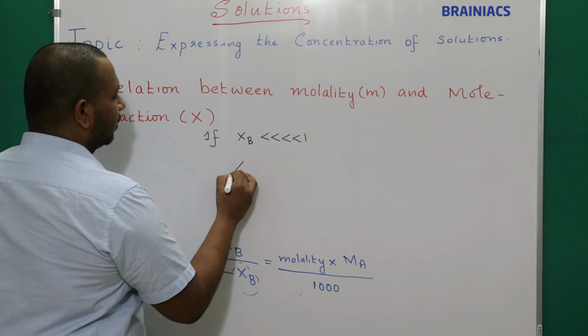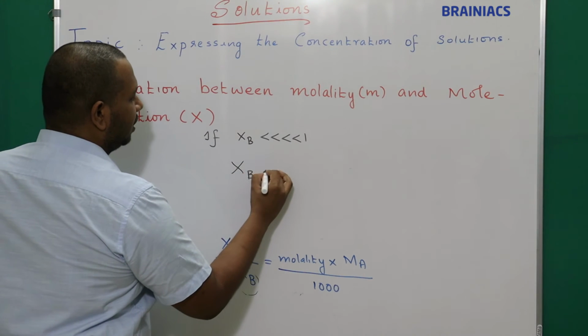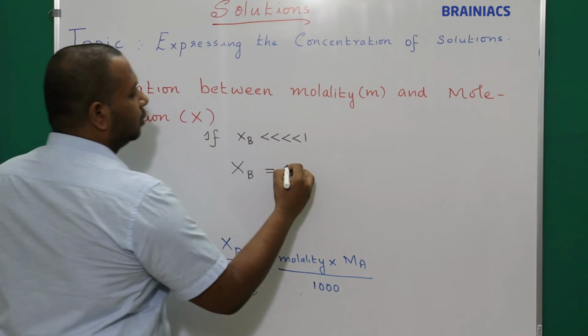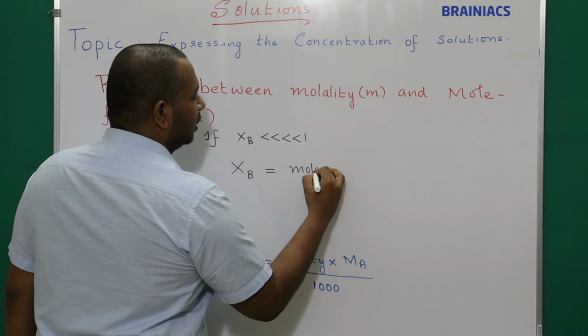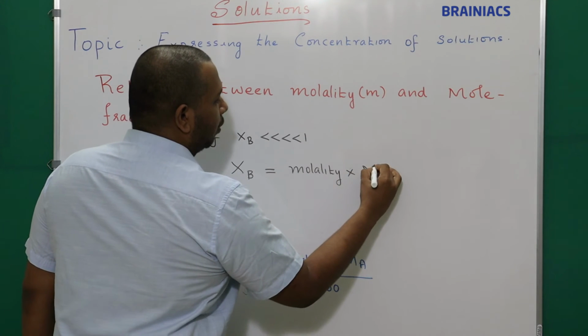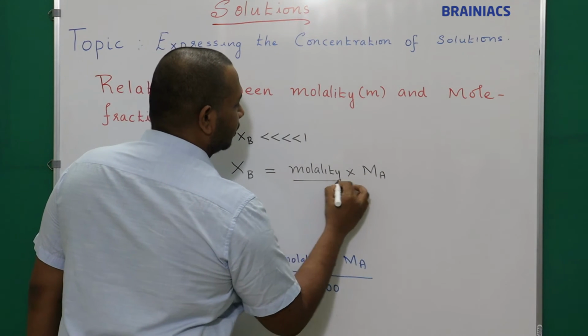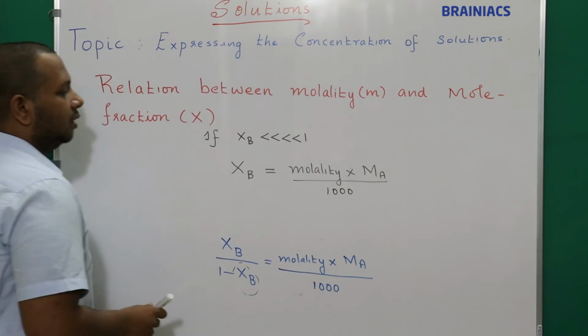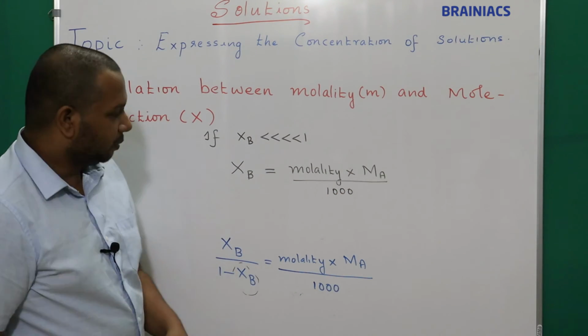So the equation rearranges to XB, the mole fraction of the solute, is equal to molality into molecular mass of the solvent divided by 1000. This is the final equation.